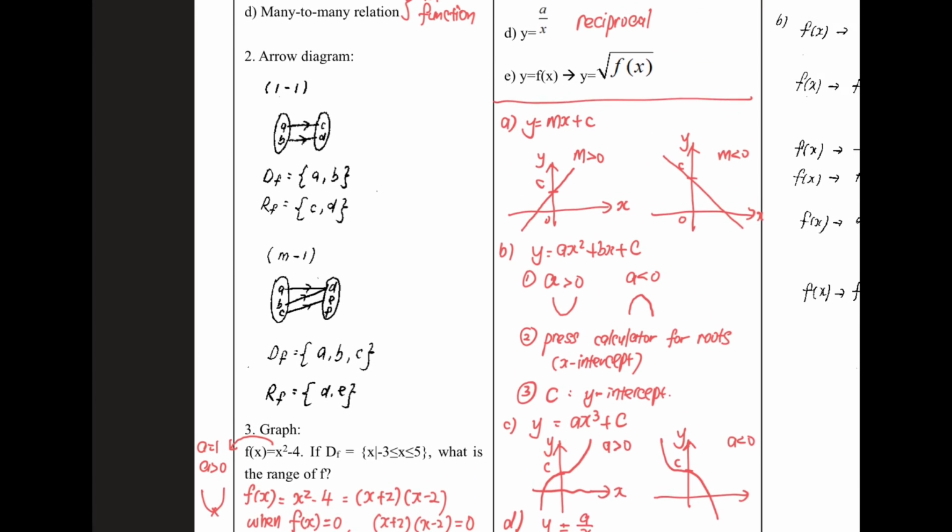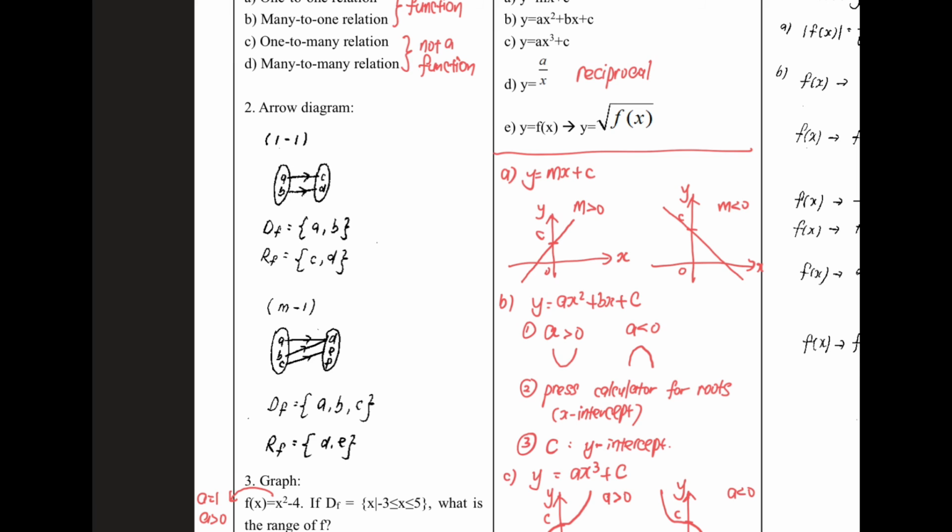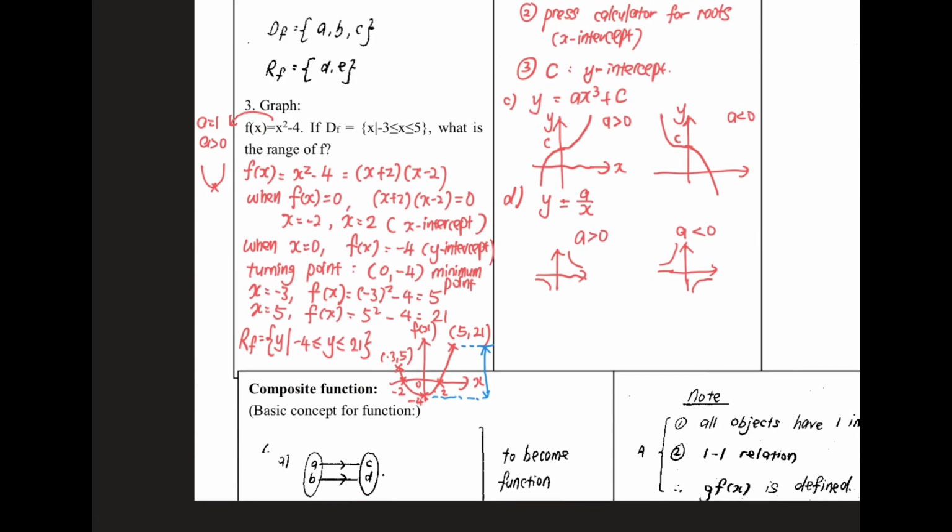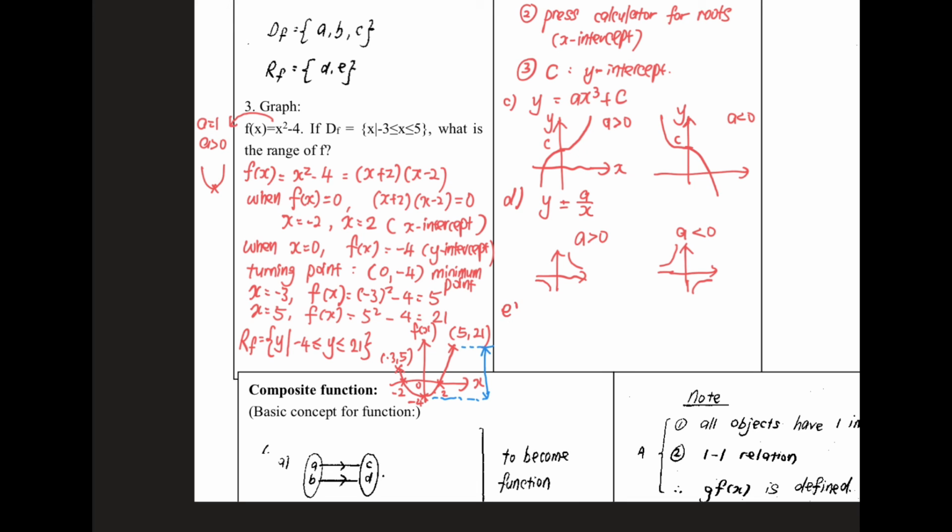E. We have y equal to f(x), and then change to y equal to square root of f(x). So to know how to sketch y equal to square root of f(x), let's take a look here. y equal to f(x) is the graph without square root.